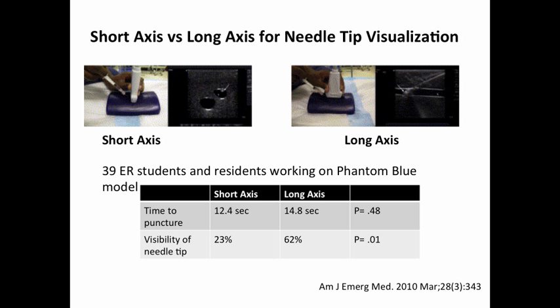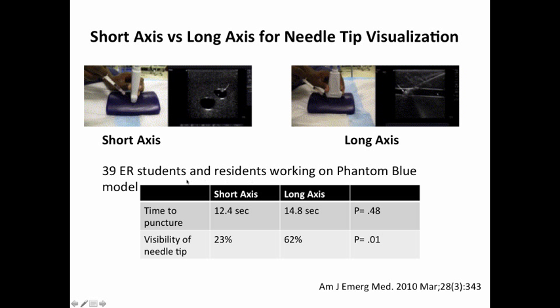So I think most of us, and you guys can correct me if I'm wrong, access the vessels in short axis. Is that true? Rather than long axis? There are actually studies showing that long axis may potentially be better.